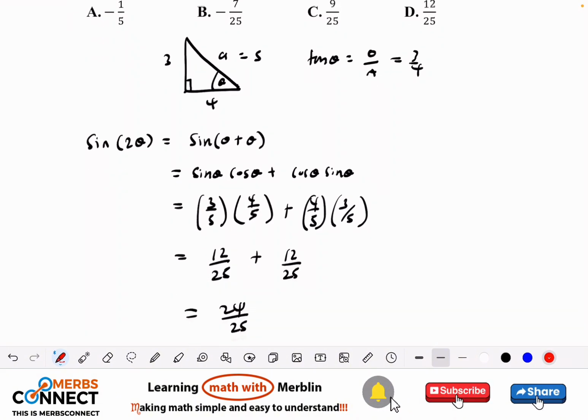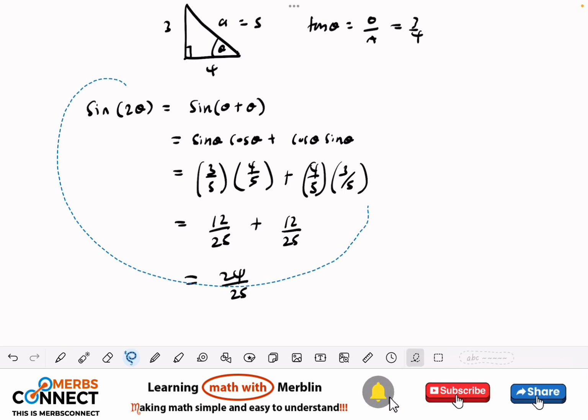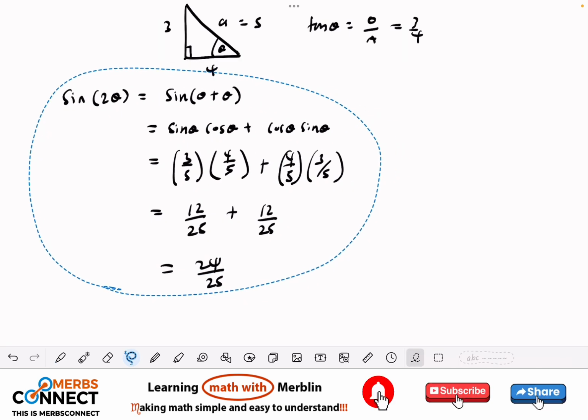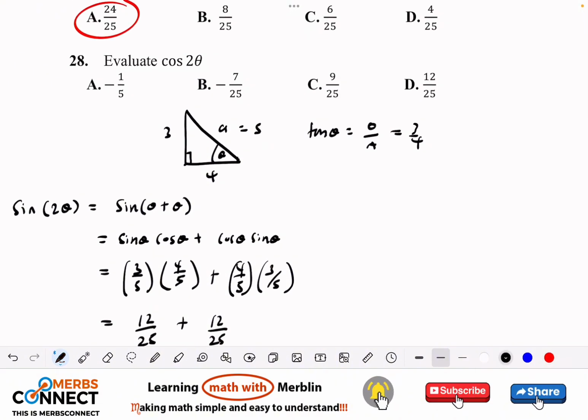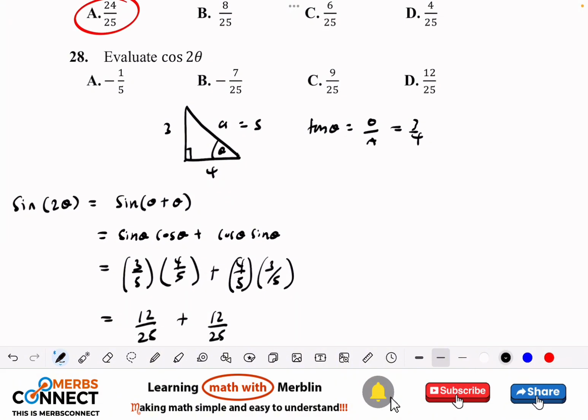The last one is going with cos, right? So what is cos of 2 theta? You should be able to know this one too, because trig is something that you are going to use throughout. Derivative too as well. So we try to know this expansion too. This one is cos of theta plus theta, and this is the same as cos theta cos theta minus sine theta sine theta.